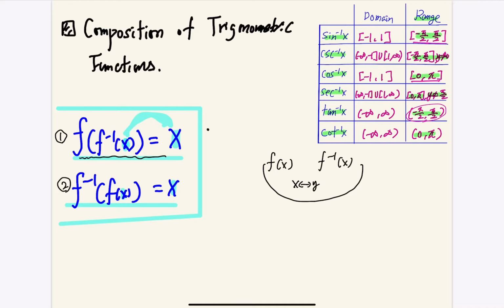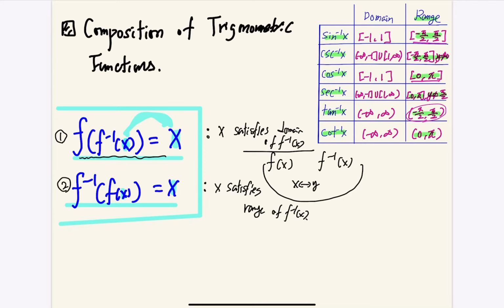To use the first composition rule, x should satisfy the domain of the inverse function. To use the second rule, x should satisfy the range of the inverse function.